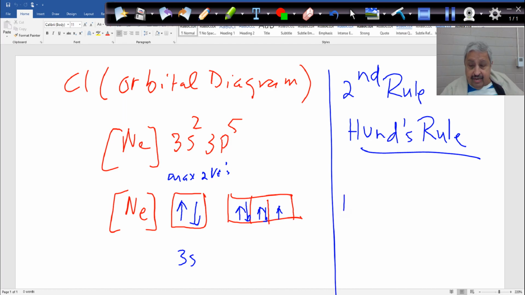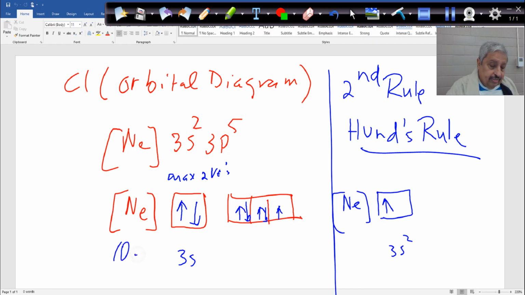So if I have neon here, they go single. First start with 1, that's 3s2, correct? And remember, this is 10 electrons here, so it makes 17, correct? So, one is up, singly up by itself. Then the second one will go down.